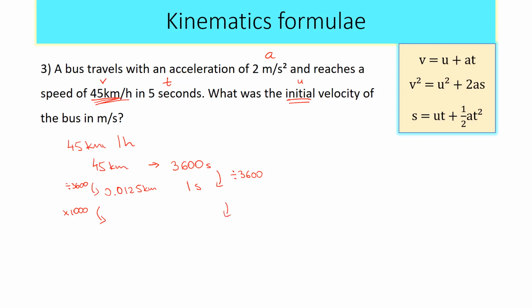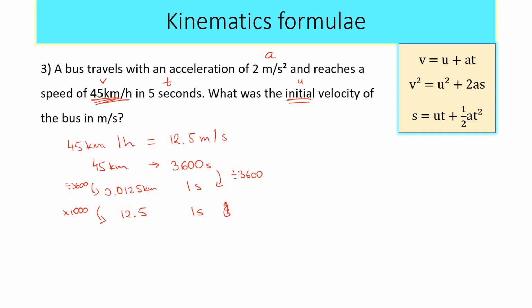But again, remember that this is going to be per 1 second. So we're changing here kilometers to meters, and that is going to be 12.5. So 45 kilometers per hour is equivalent to 12.5 meters per second.